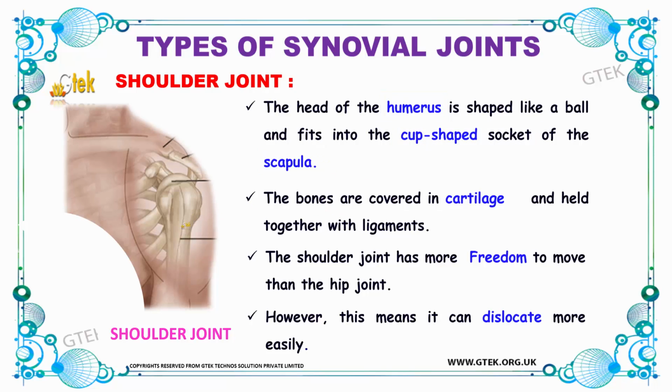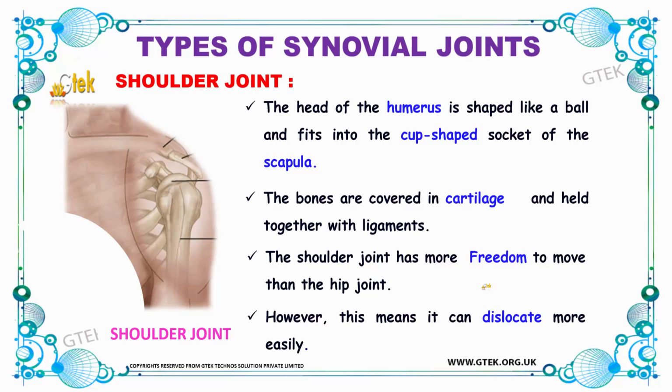So that makes your ball and socket joint in your shoulder. The bones are covered in cartilage, and they are held together with ligaments that ensure that you don't have too much of movement.